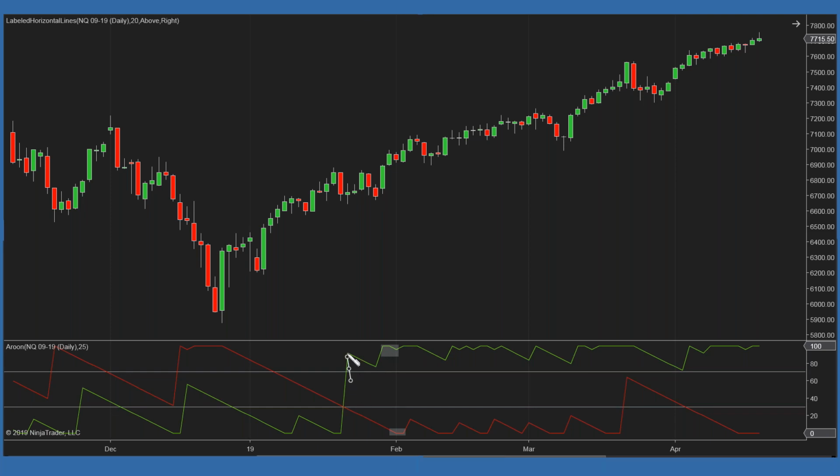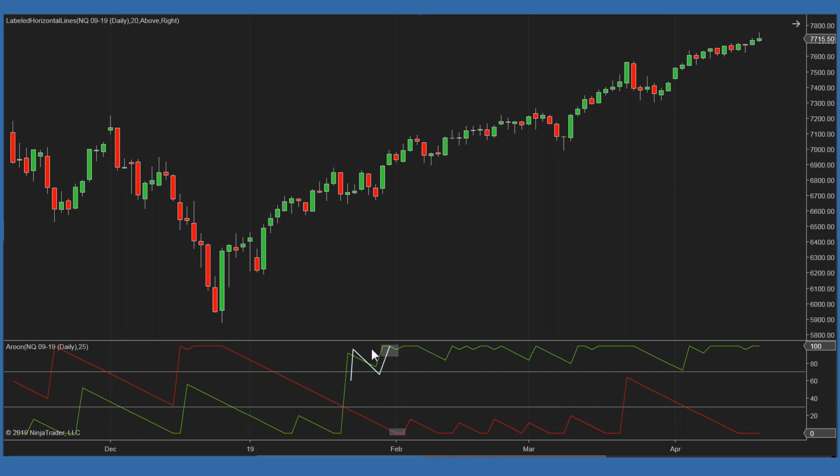And it's this little zigzag pattern that is so familiar in a lot of indicators. We saw it on DMI, we saw it on RSI, we saw it on MACD, we saw it on Williams %R.